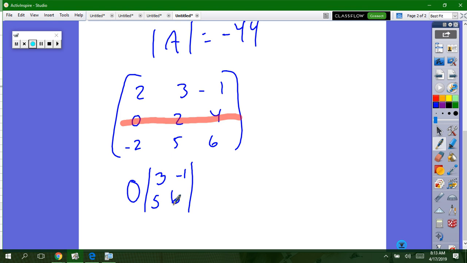But once again, did I really even have to do anything on this guy anyway? Did I even have to sign things first? Why? Because he is 0. Then I'm going to use this 2. Once again, getting rid of the row and the column, so that's 2, negative 1, negative 2, 6.